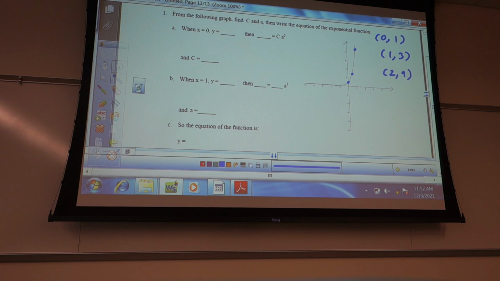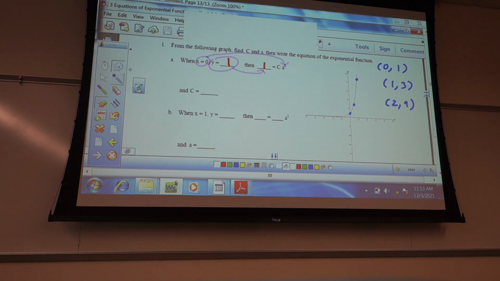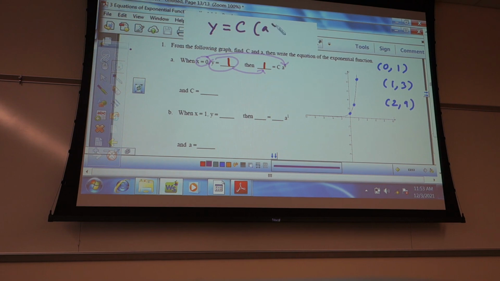1. Make sense? So that means that 1 is equal to c times a to the 0, right? Because we're going to put x is 0 in here. Y is 1, we're going to put that in there. Remember our function is y equals c times a to the x.